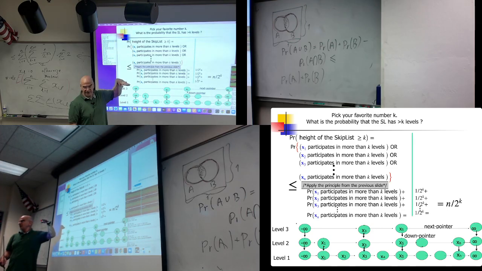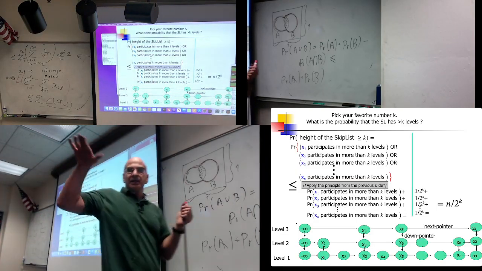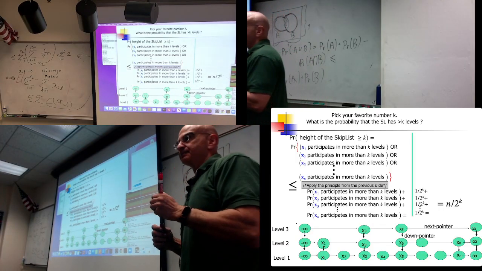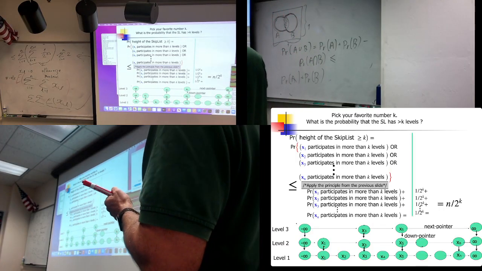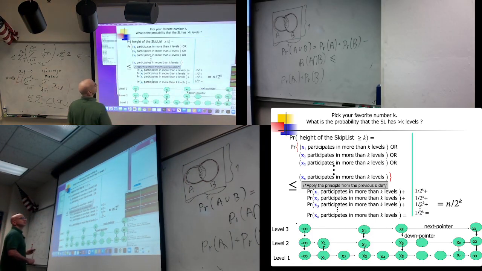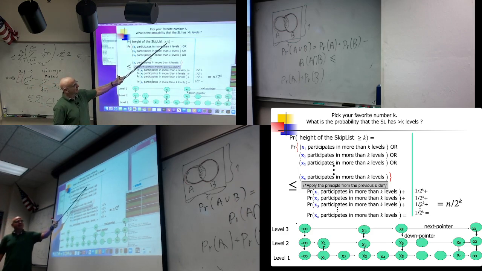If the height of the skip list is t, then one of the keys decided I want to be in level t. If all the elements want to be in level less than t, then the height of the skip list is less than t. So let's pick some number, k. How could it be that the height of the skip list is more than k?